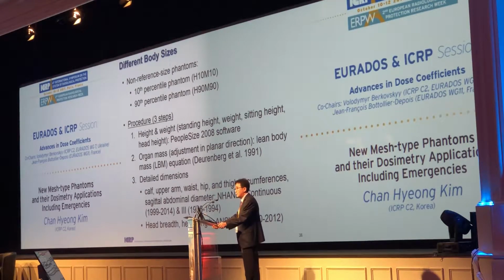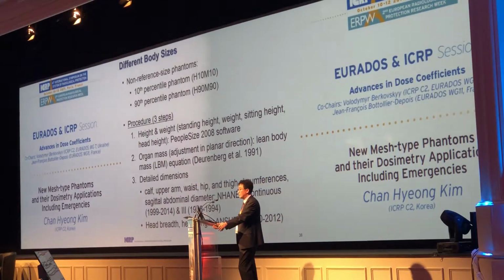We produced and used, for example, a 10th percentile phantom, which corresponds to the 10th percentile in height and 10th percentile in body mass. This phantom was produced to represent a very small person. And we also produced a 90th percentile phantom to represent a very large person.